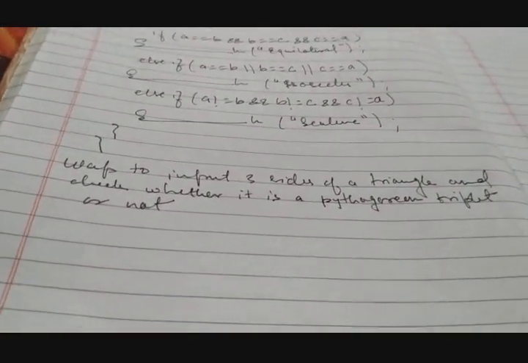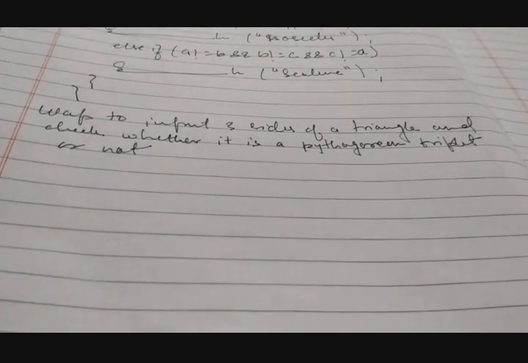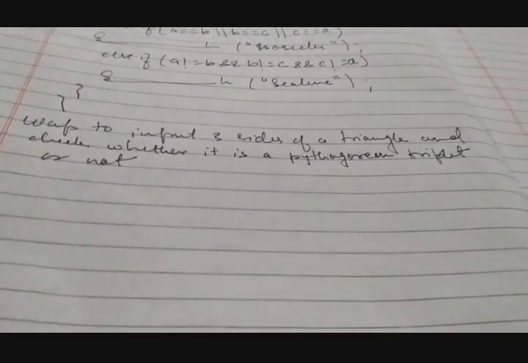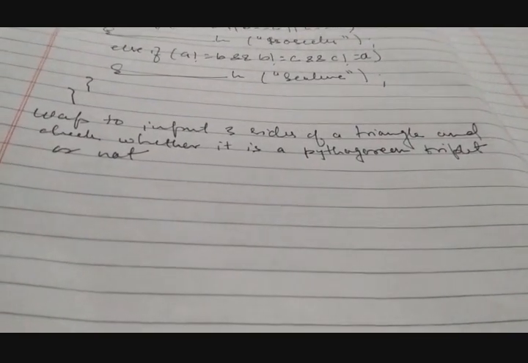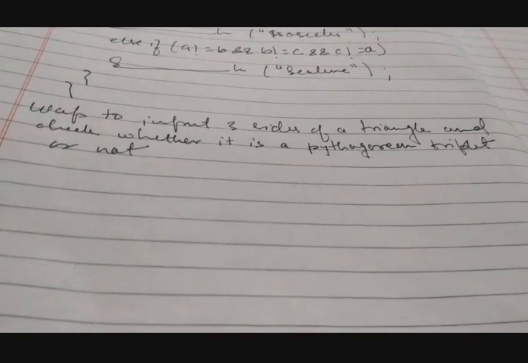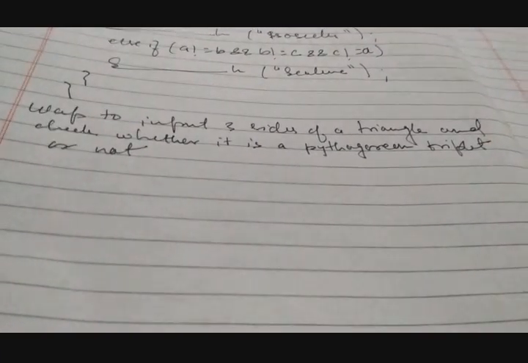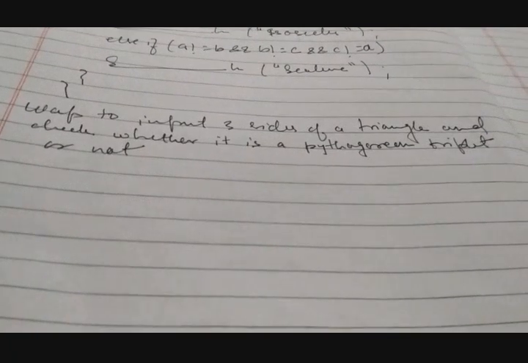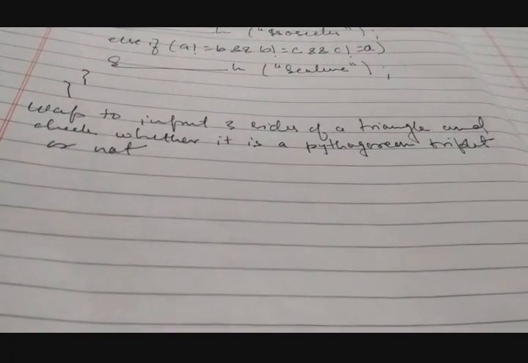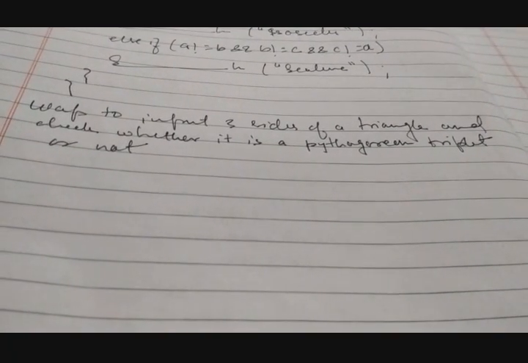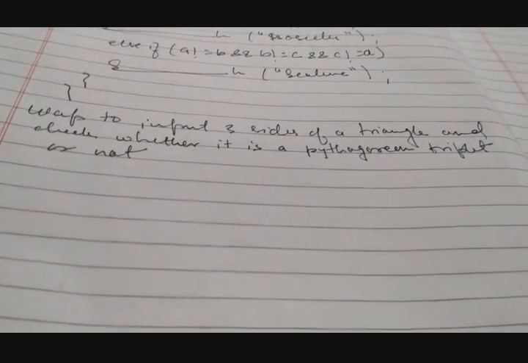But since we are entering three sides, we don't know which one will be our hypotenuse and which will be our base and height. So we have to find the greatest, because the greatest among the three sides will be the hypotenuse, and then the hypotenuse square must be equal to the base square plus altitude square. Then only it is going to be a Pythagorean triplet. Alright.